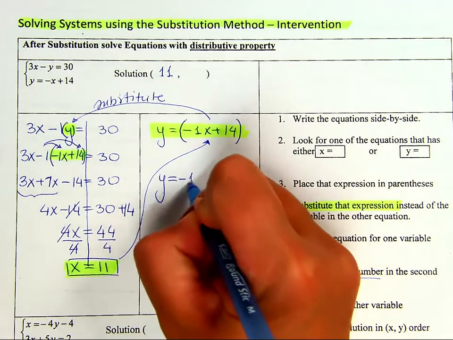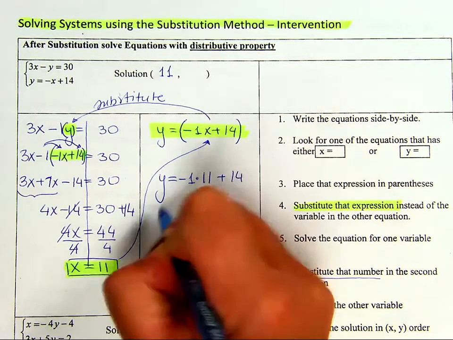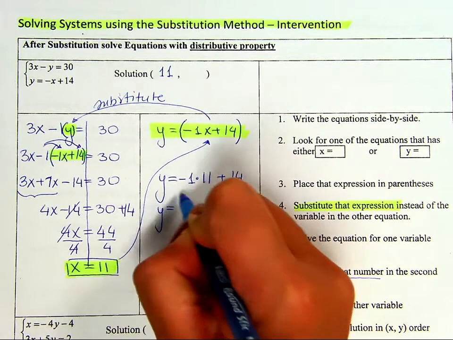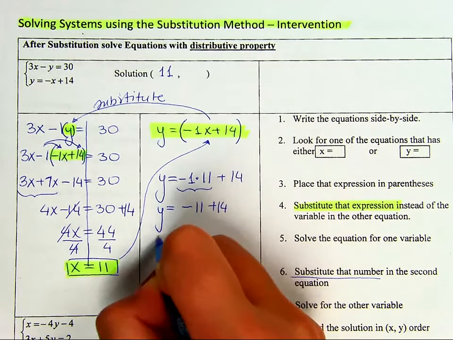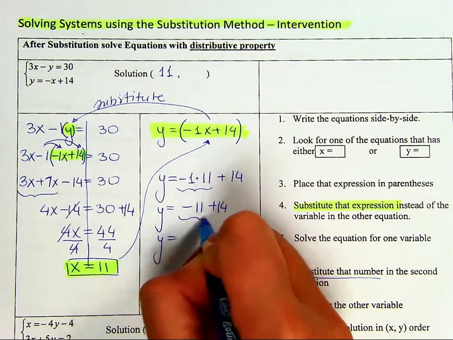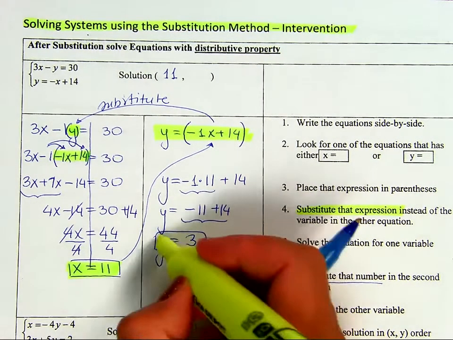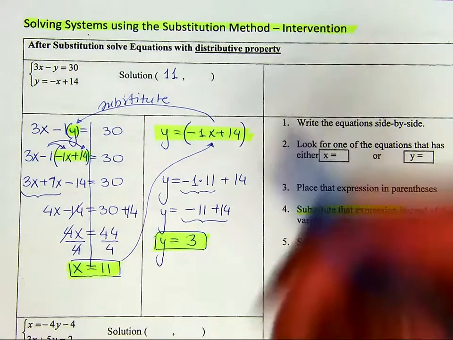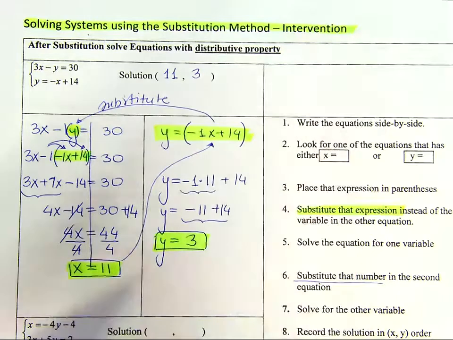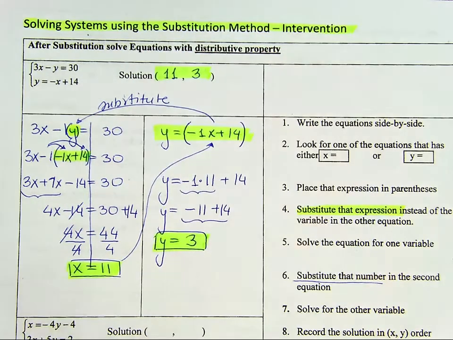Well, that means negative 1 times 11 plus 14, because now we know that x is 11. Multiply using the order of operations, combine all the terms, and solve for y. Once both variables are found, the solution is found. So the solution is (11, 3), as it would be seen on the coordinate plane.